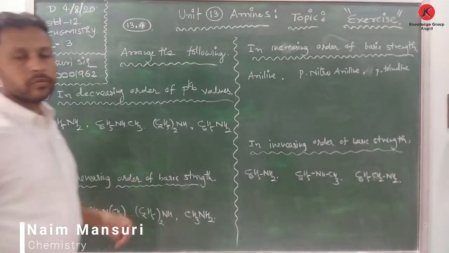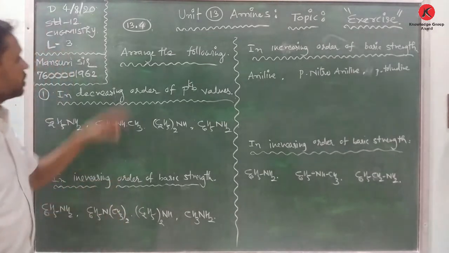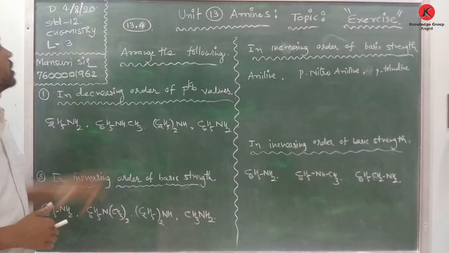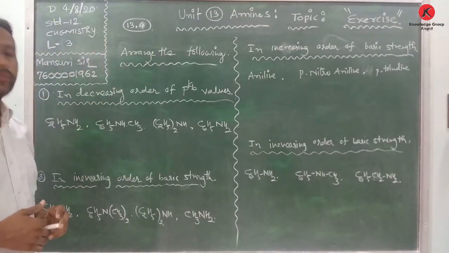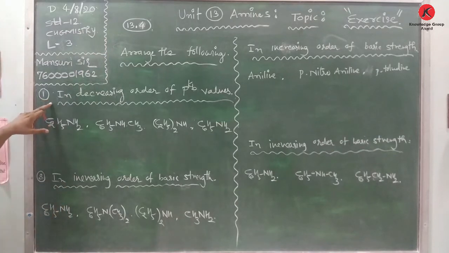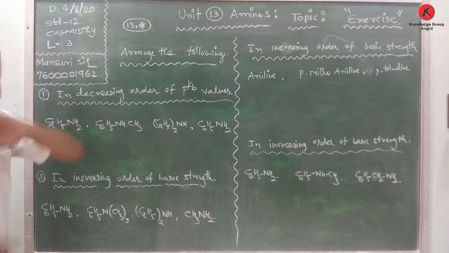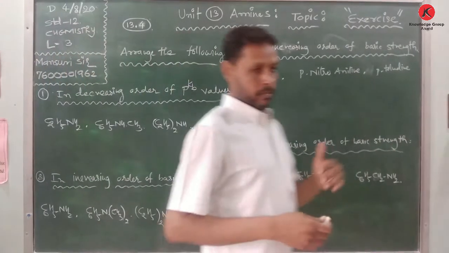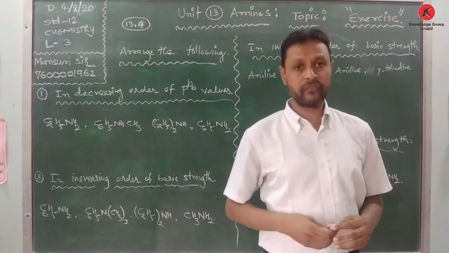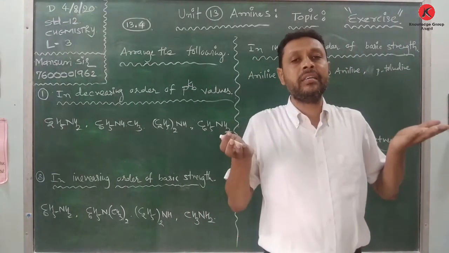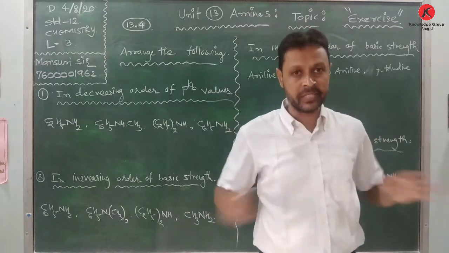Now students, we are going to solve another question. Arrange the following, Exercise 13.4, in decreasing order of pKb values. You know very well that if the basic strength is very high, then the pKb value decreases.